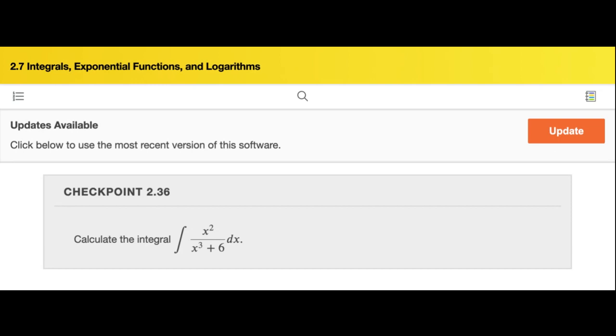X cubed plus 6 has to be forced to be positive, because x cubed can be negative. So we use the absolute value sign to enforce positivity. Okay, right. Ali, you're missing 1/3, because x squared dx equals 1/3 of du.